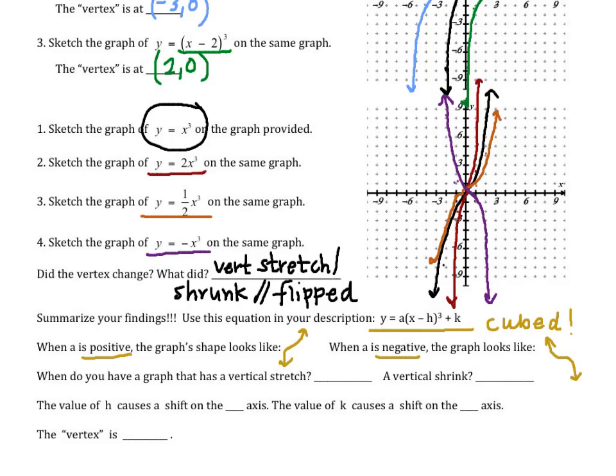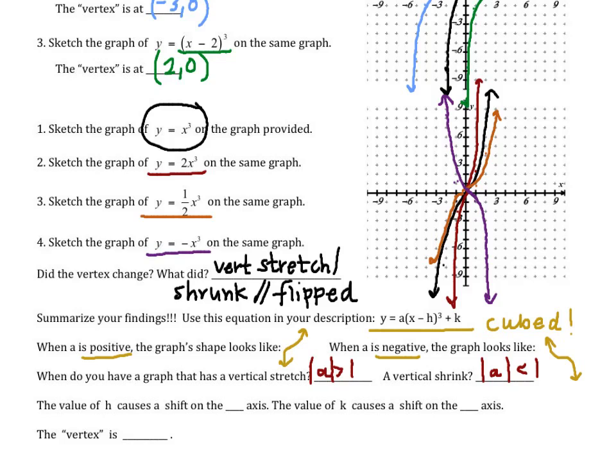A graph is stretched vertically, just like always, when a is greater than 1. Doesn't matter if it's positive or negative, so let's put some little absolute values around that. And it's vertically shrunk if a, the absolute value of it, is less than 1. So we ignore the negative if there is one, and we just want to compare it to 1.